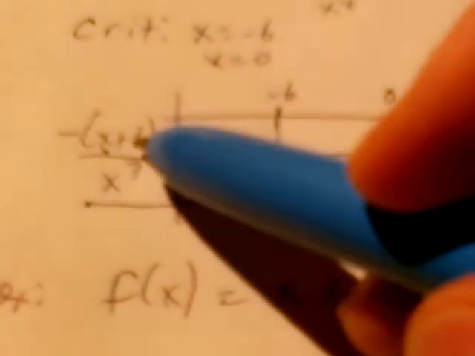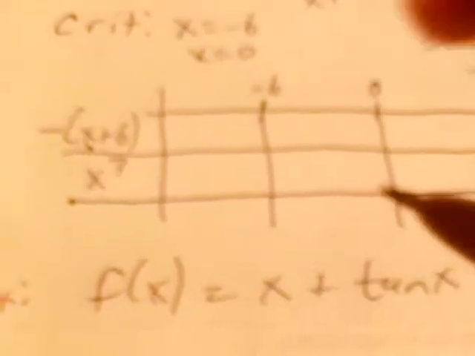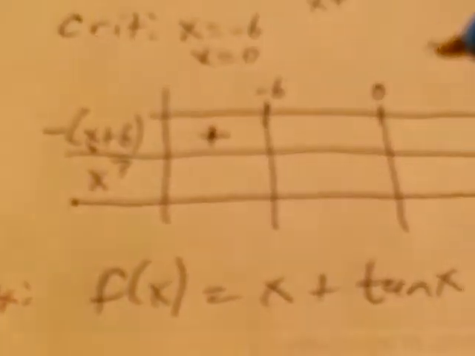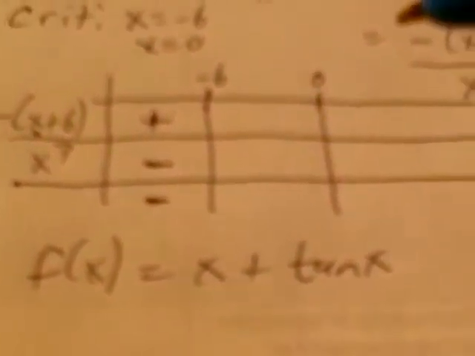So -7 plus 6 is -1, but that needs to be negated, so that's really going to be +1 or positive. And -7 cubed is going to be negative, and a positive divided by negative is still a negative. We're going to have to draw our sign chart on a different piece of paper.